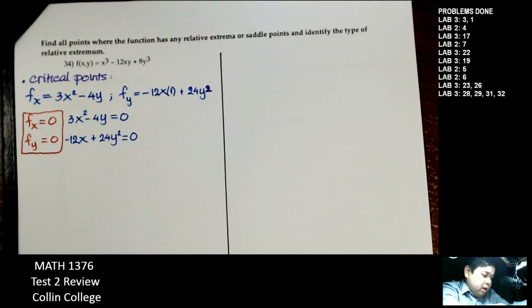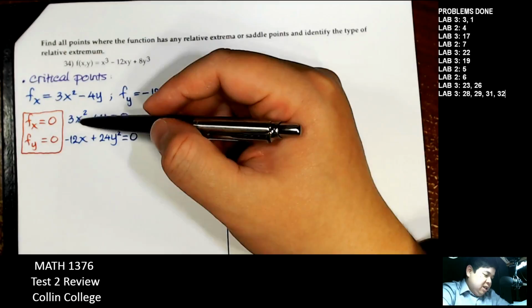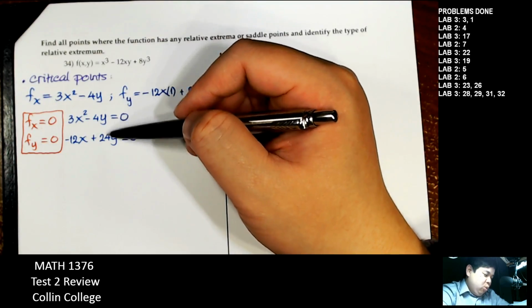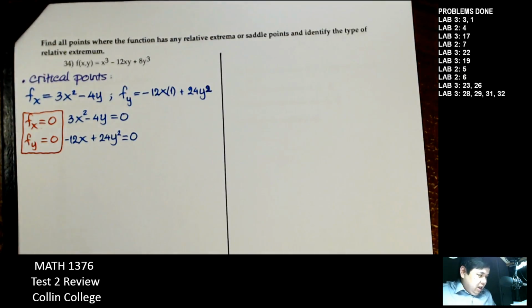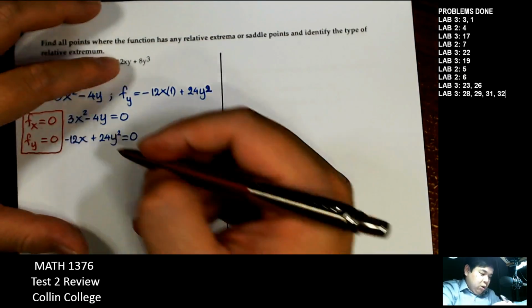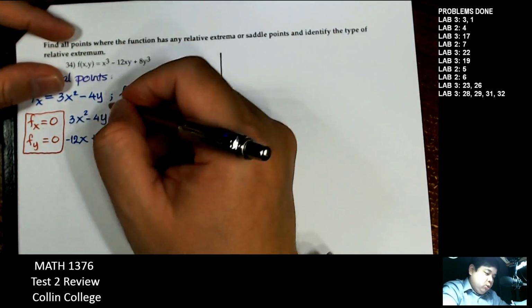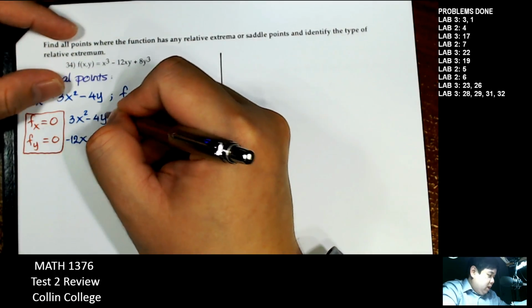Either we use substitution or elimination, but in this case, if we want to eliminate x we multiply by x, or to eliminate y we multiply by y. That looks complicated, so I will try to solve for either x or y and then use substitution. I will solve for y here.